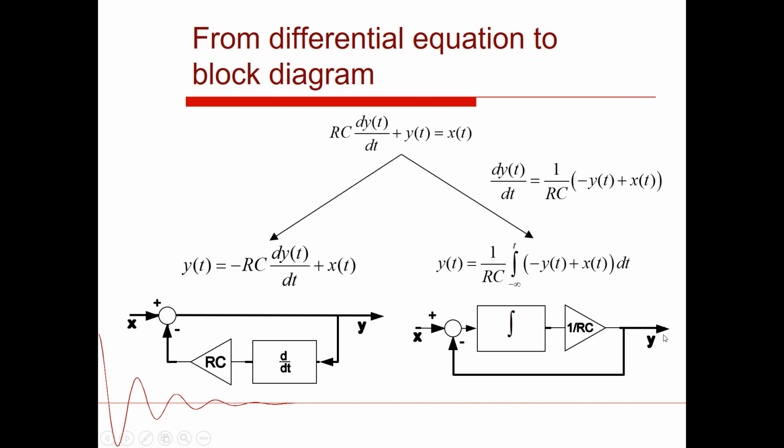We have y, the output signal, at the right side of my block diagram. We subtract y from x, so x minus y is over here. Then we take the integral of that part, x minus y, so that's the integral operation, and we multiply that by 1 over rc. Notice that there should be brackets over here.